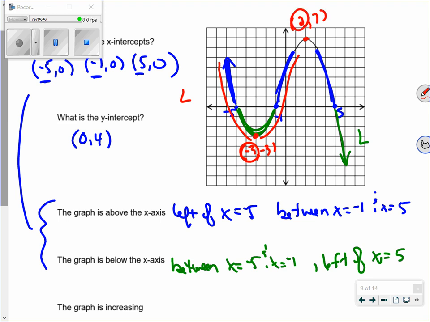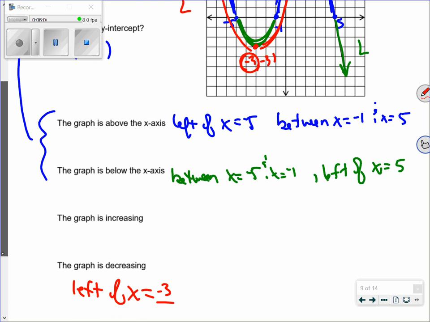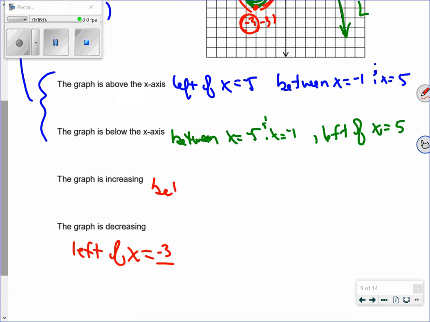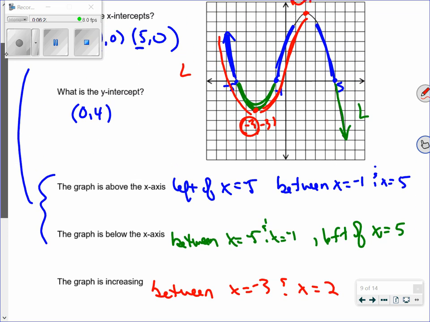We need the x value. All right, and that's in between. It's in between two numbers. It doesn't have an arrow on the end of it. So it's increasing between, sorry, x equals -3 and x equals 2. The x coordinates of those little points at the bottom and the top.